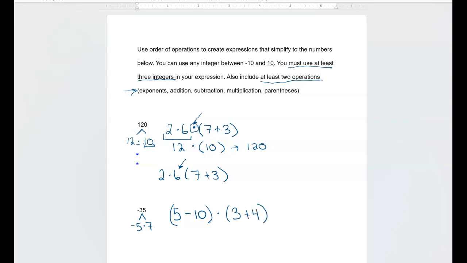So notice again, I've included parentheses because I need to make sure that I get my negative 5, which is that first parenthesis, and I multiply it by what's inside the second parenthesis, which is 7. And that gives me negative 35.